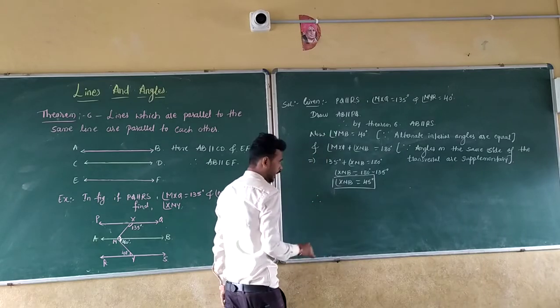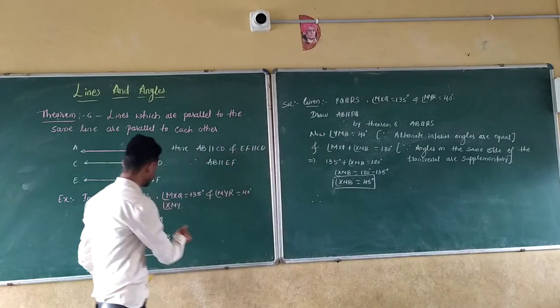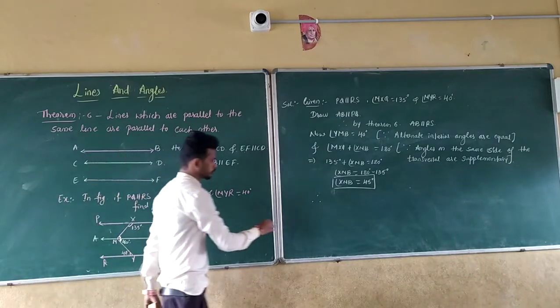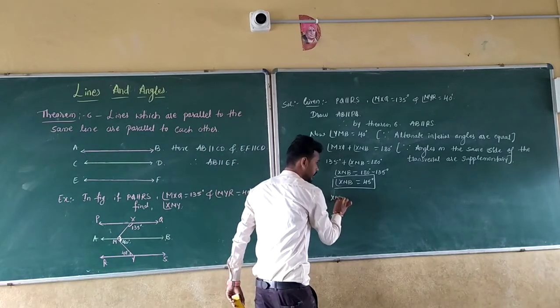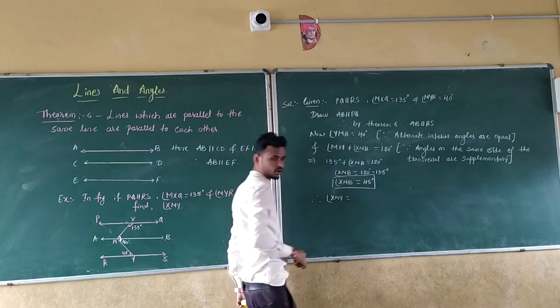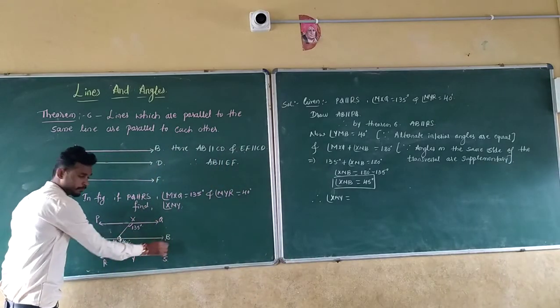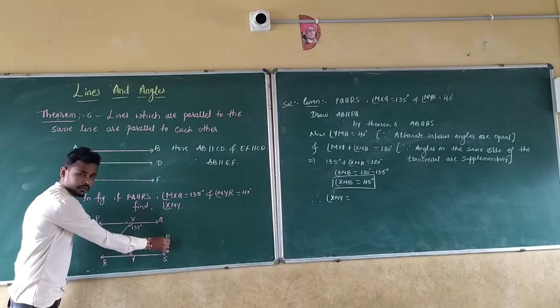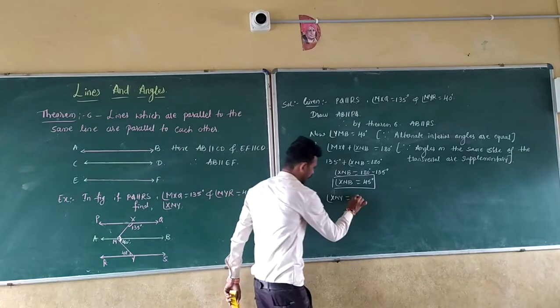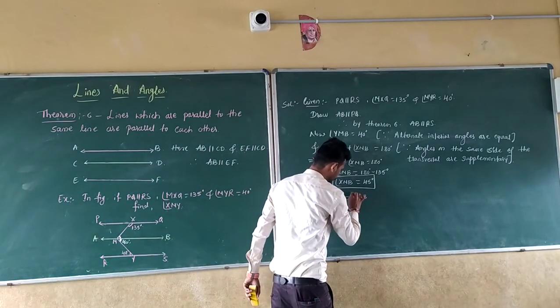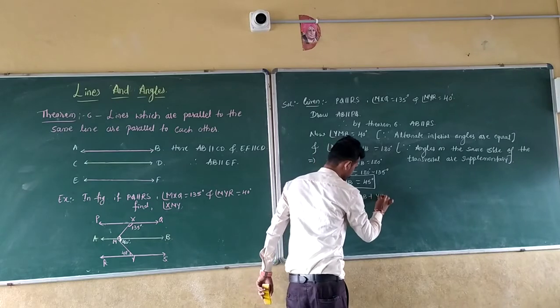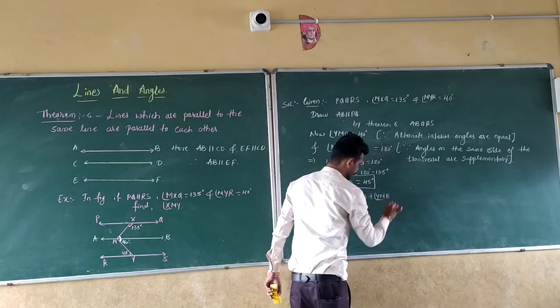Therefore, what do we need to find? Angle XMY, which is equal to the sum of the two angles, that is XMB and YMB. So angle XMB plus YMB.